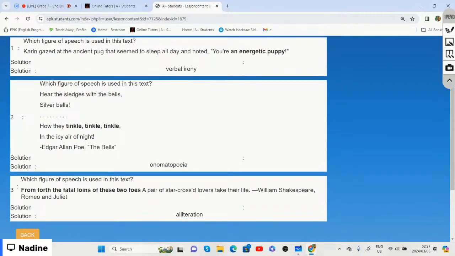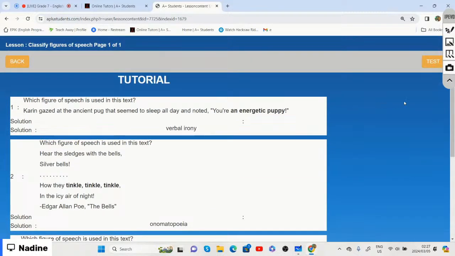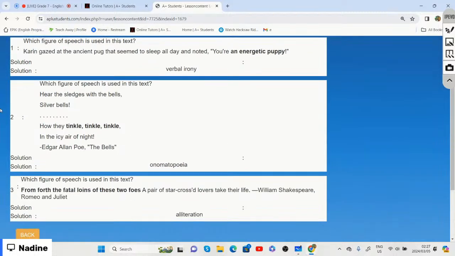Then here it says which figure of speech is used in the text. Here the sledges with the bells, silver bells. It's like a song is being sung, right?